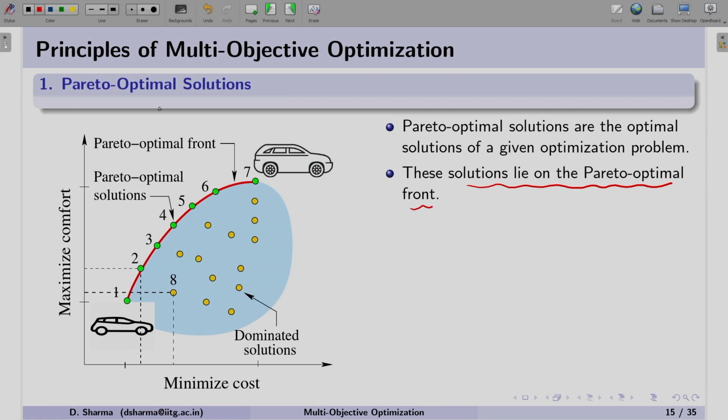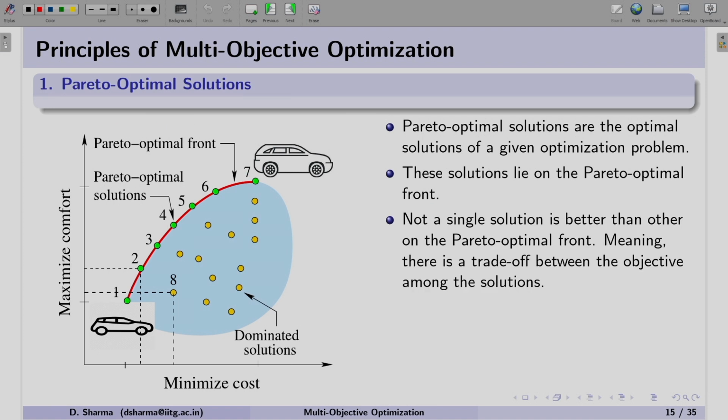Now, let us look at the figure. As we can see, the Pareto optimal front is represented by the red line. The solutions lying on this line, for example solutions 1, 2, 3, 4, 5 and 6, all lie on the Pareto front. So, these solutions are the Pareto optimal solutions.